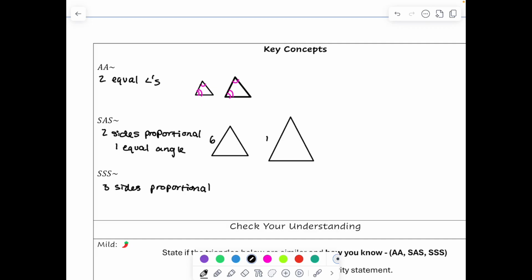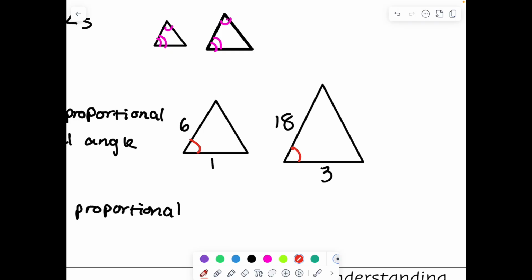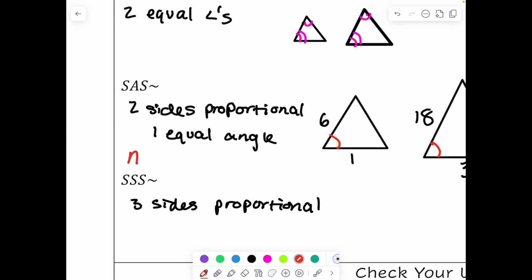So let's say 6 and 18, let's multiply by 3, and then 1 and 3, obviously not drawn to scale. And then we should probably include this as being important. The angle has to be in between the sides. Angle has to be between the sides.